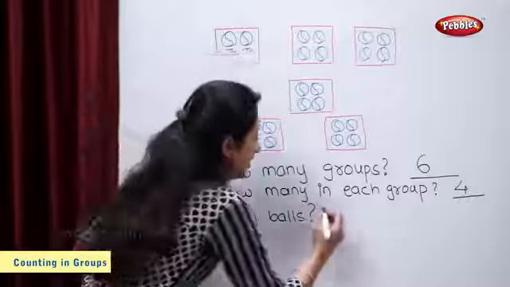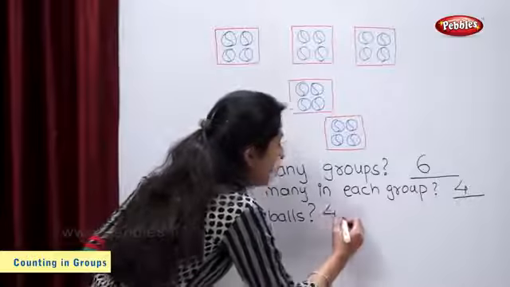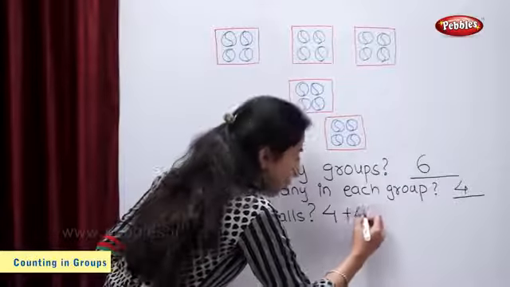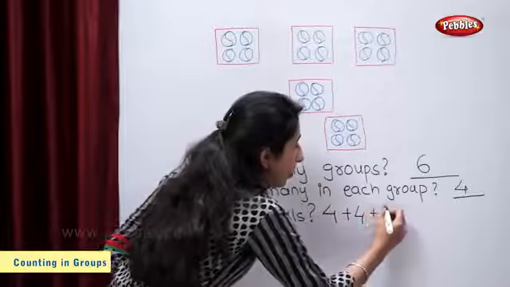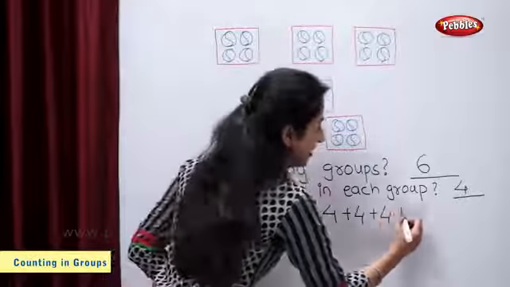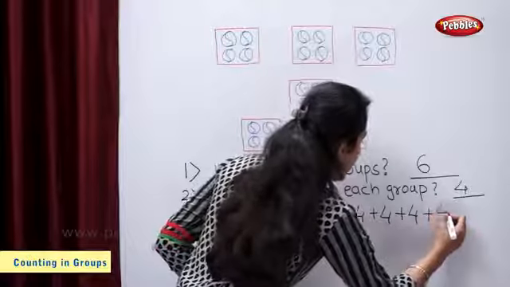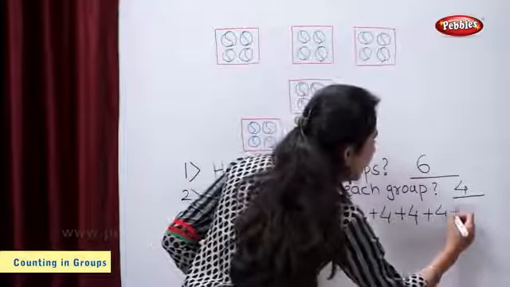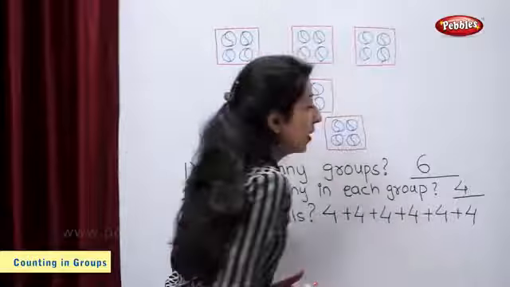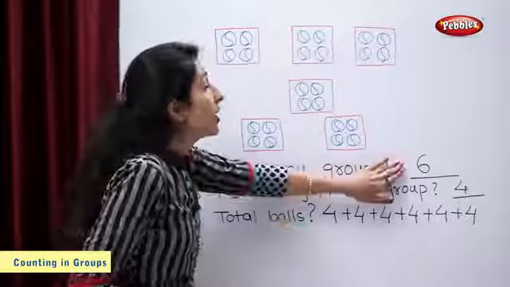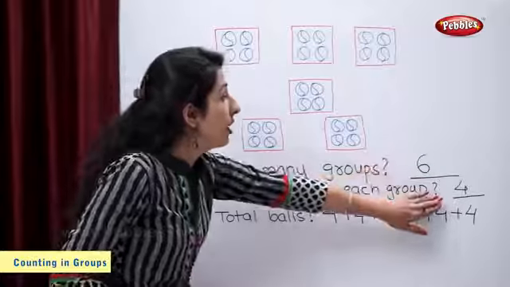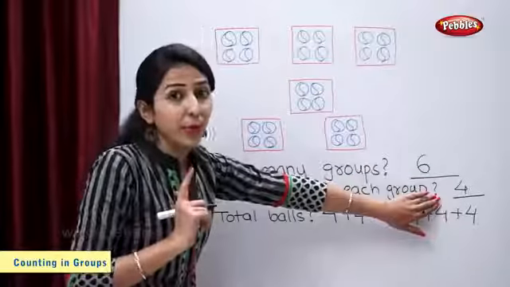So 4 plus 4 plus 4 plus 4 plus 4 plus 4. 6 groups, 4 balls in each group.